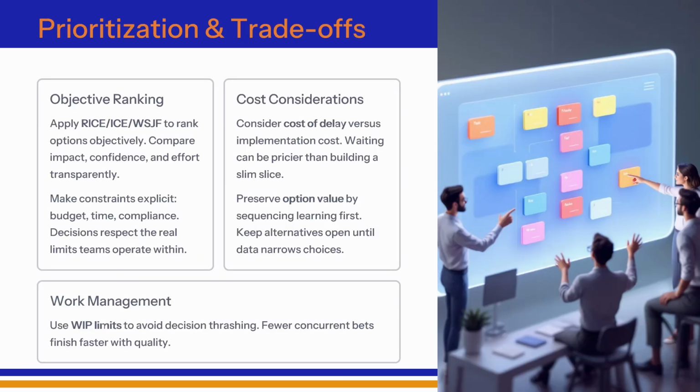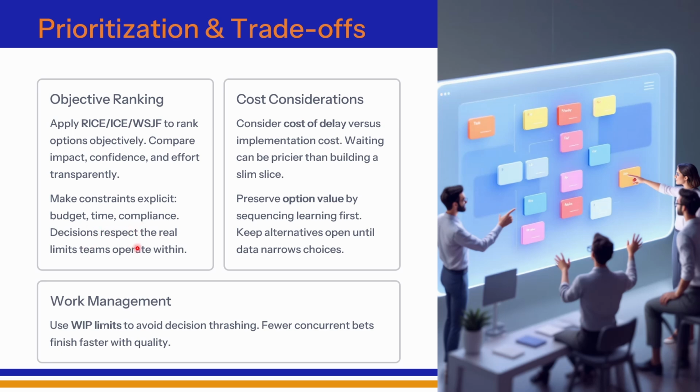And next one, prioritization and trade-offs. Here, objective ranking. So apply RICE, ICE, WSJF to rank options objectively, compare impact, confidence and effort transparently. Make constraints explicit: budget, time, compliance.